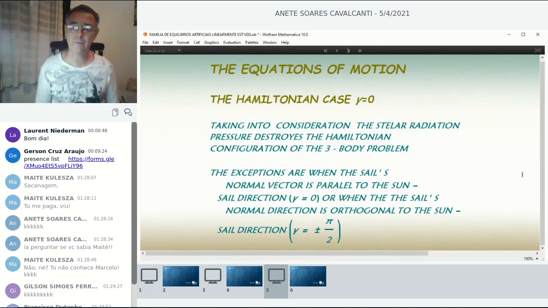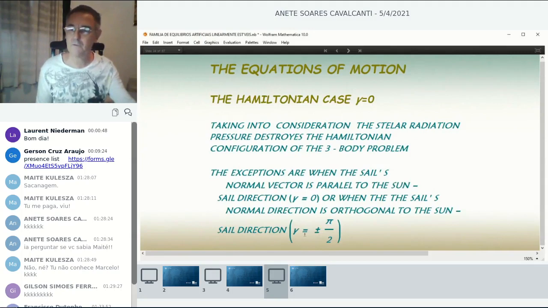We firstly found it more interesting to try to determine the Hamiltonian case. The Hamiltonian case is when gamma is equal to 0, so that the normal vector is parallel to the position vector of the sail. This means gamma equals 0.